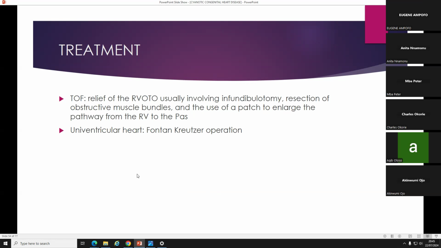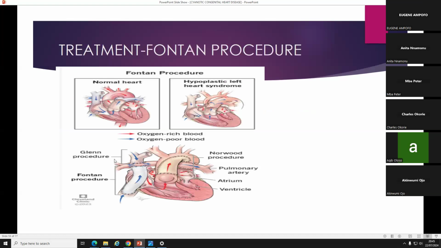For the univentricular heart, what is done is the Fontan-Kreutzer operation, or the Fontan procedure. So this is just a picture showing the Fontan procedure. On the top left, we can see a normal heart, and on the top right we can see hypoplastic left heart syndrome. So basically, this is the left ventricle; it's barely there, and then you want to do a Fontan procedure.